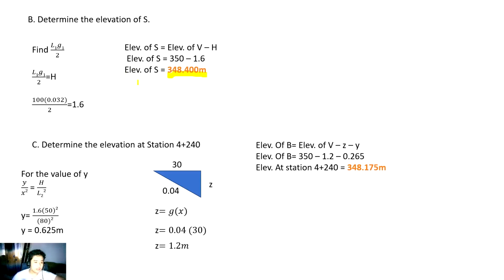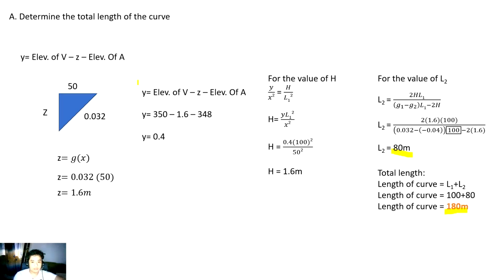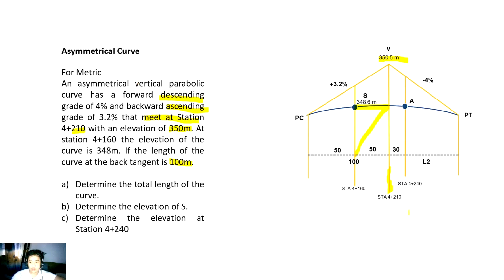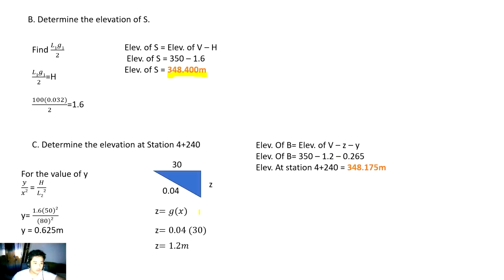So, sa C naman, determine the elevation at station 4 plus 240. Dito naman natin magagamit tong 30 na to. So, para makuha natin yung Y, we're going to use the formula Y over X squared equals H over L2 squared.